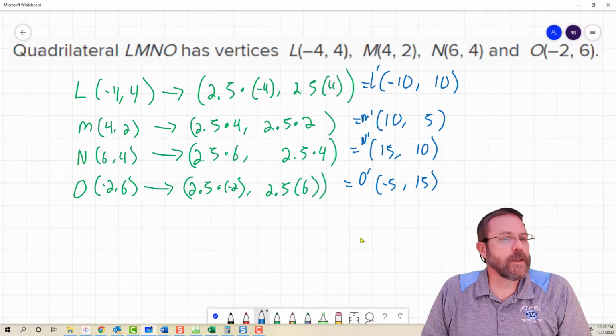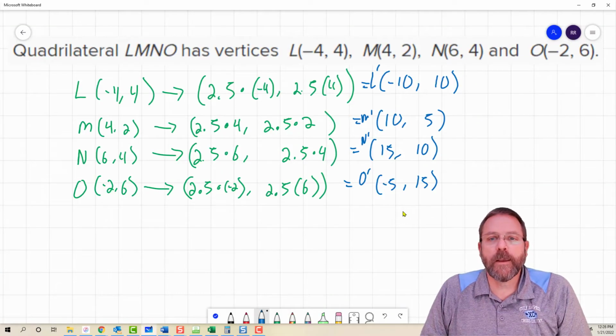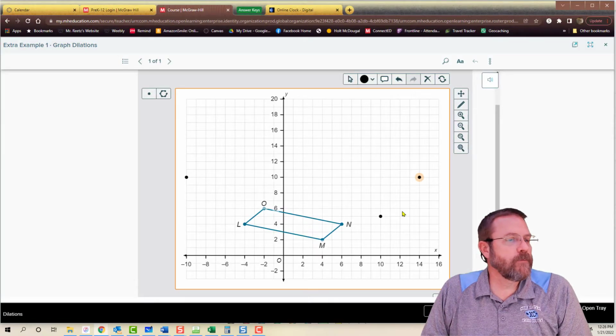My next point is going to be at 15, 10. Add another point here, start at the origin, run it out to 15 and up to 10, which is going to be right there. And then finally, my last point is going to be at negative 5, 15.